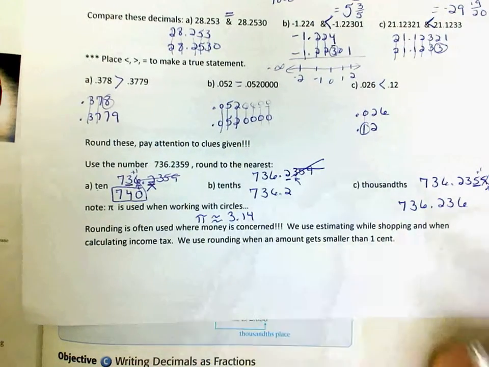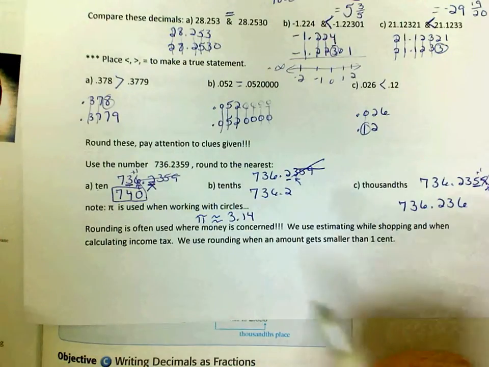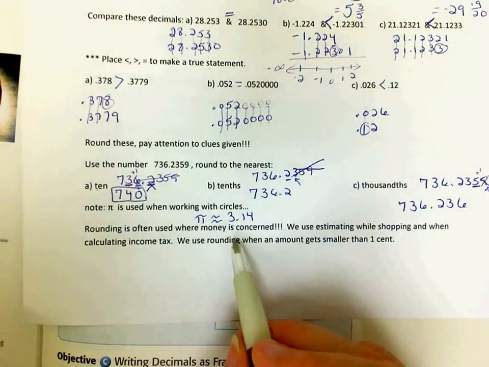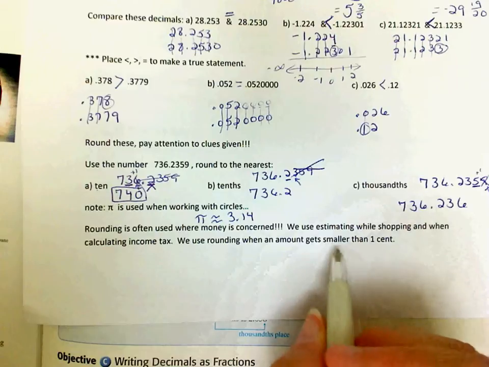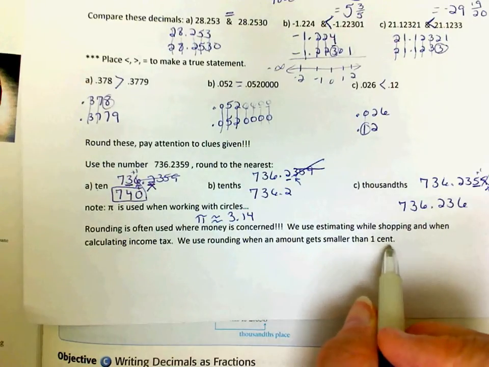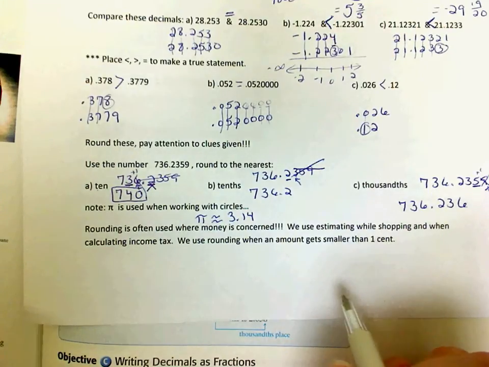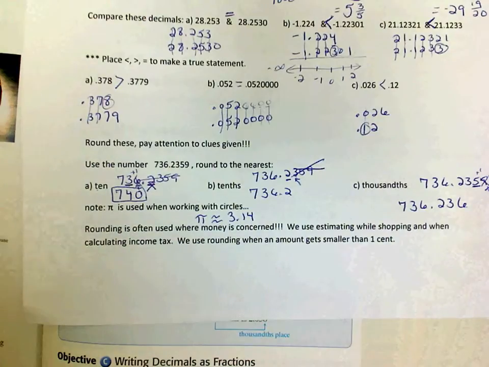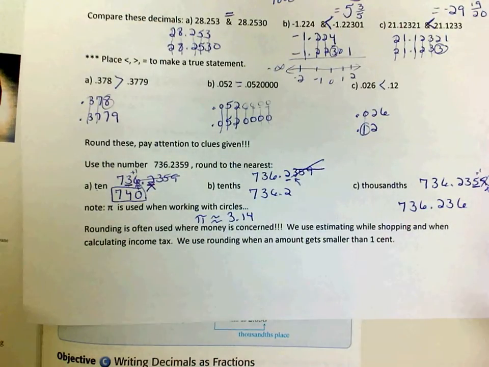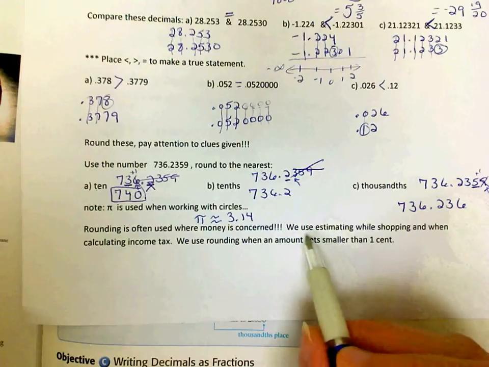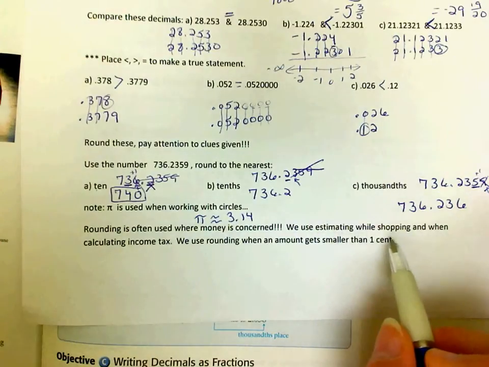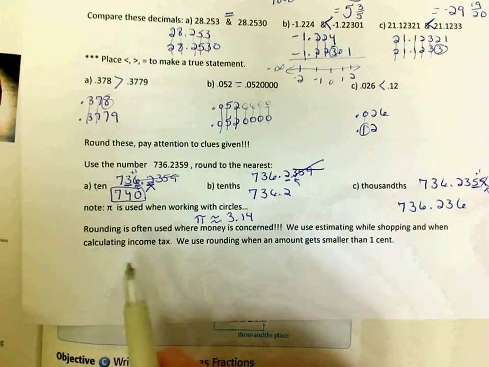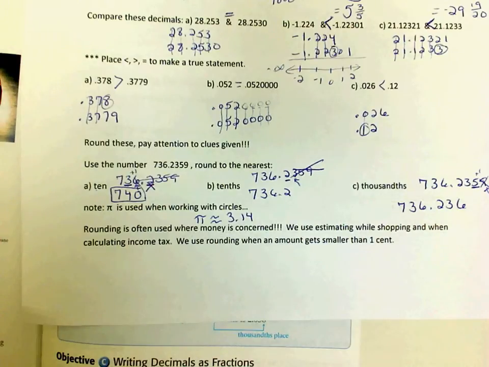Okay, rounding we use with money, because if something is smaller than 1 cent, we have to round it to only 1 cent, or to the nearest cent. We also use estimating or rounding when we're shopping, and also when we're calculating our income taxes, because they ask you to the nearest dollar, how much did you make that year?